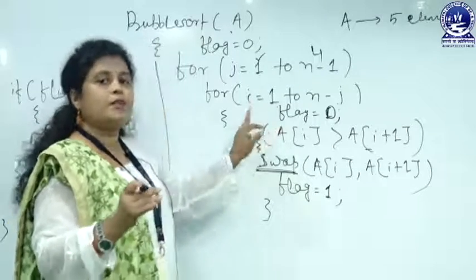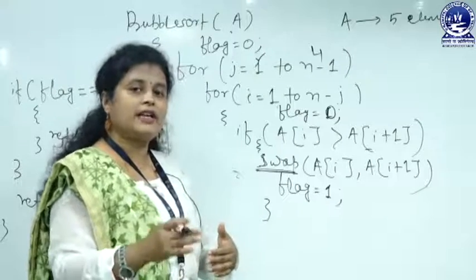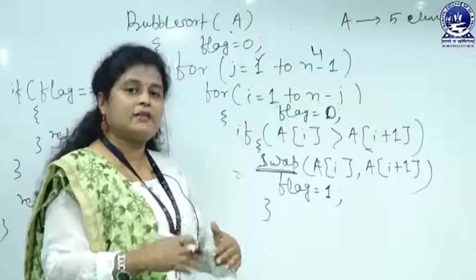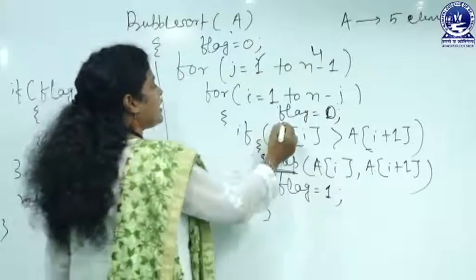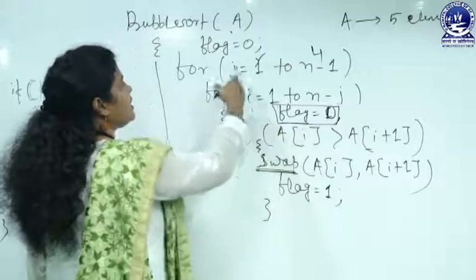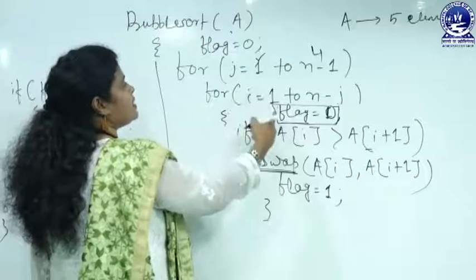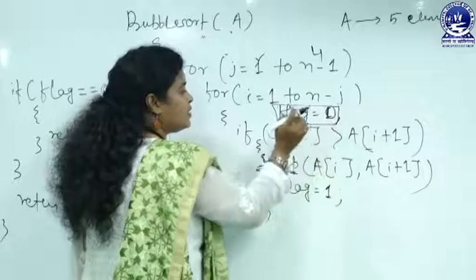It means that for the first time it will continue up to the last location, that is n minus 1, and the next n minus 2, next n minus 3, in this way. And here I have again used the statement flag equal to 0. I have used it repeatedly here. If you omit this one, there will be no problem, flag equal to 0.